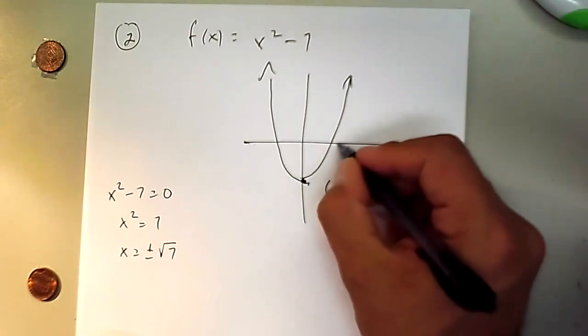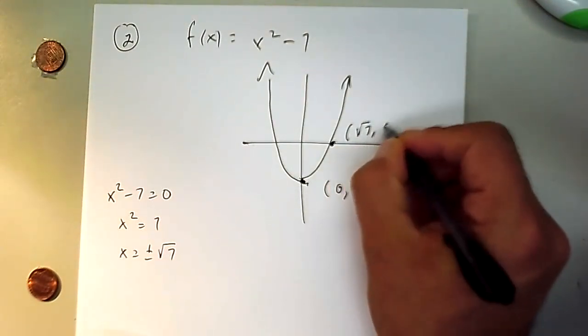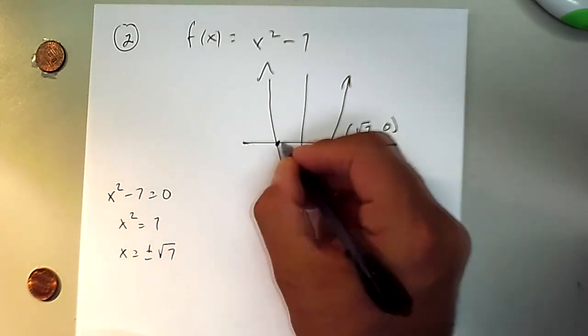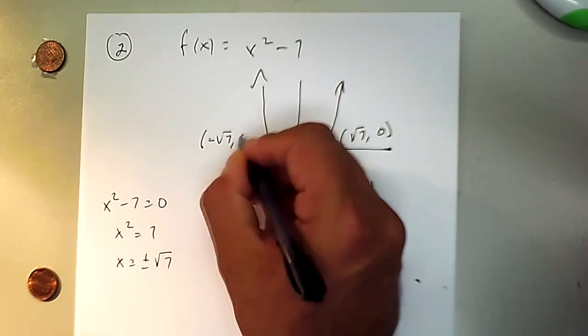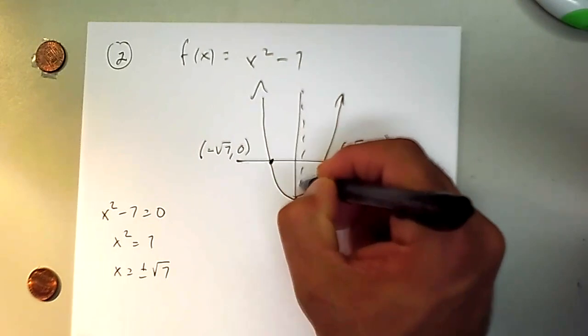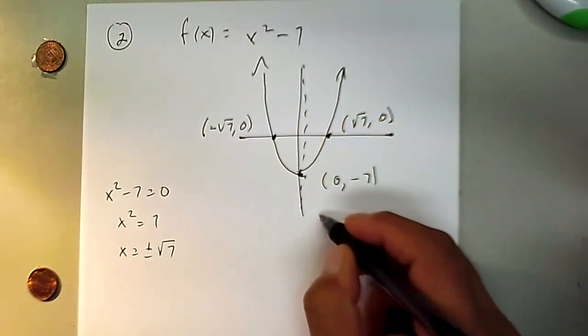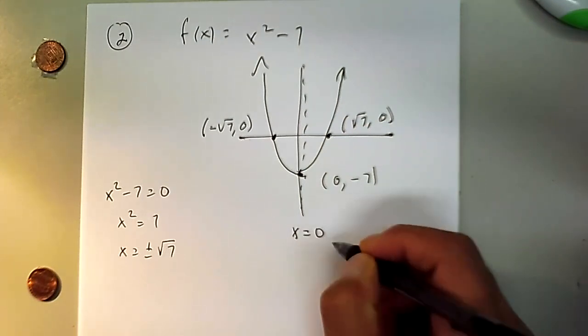The one on the right will be root 7 comma 0. The x-intercept on the left will be negative root 7, 0. And so those are the important points on the graph. And we also have an axis of symmetry, which will be x equals 0.